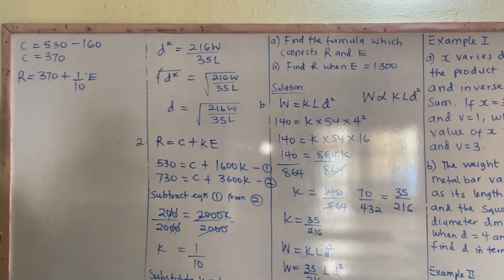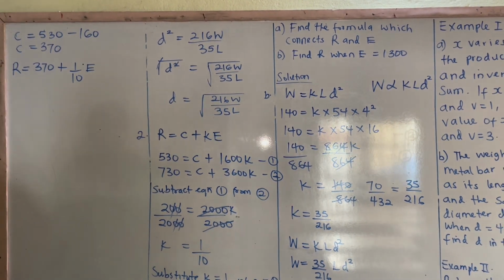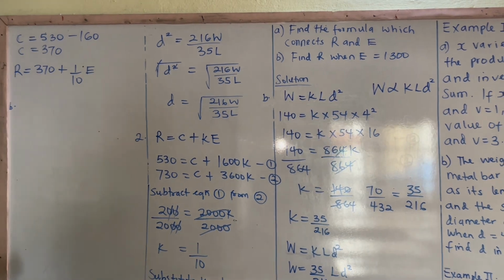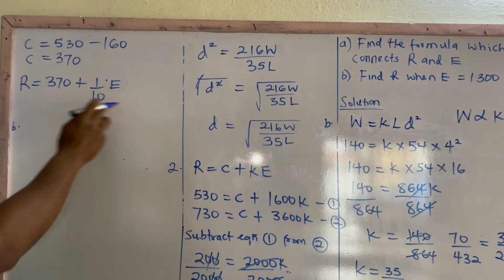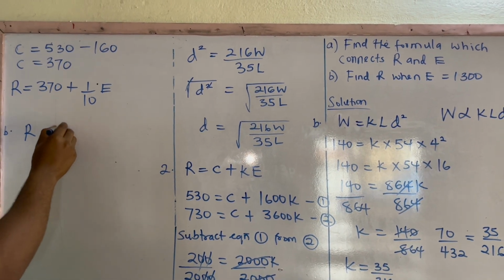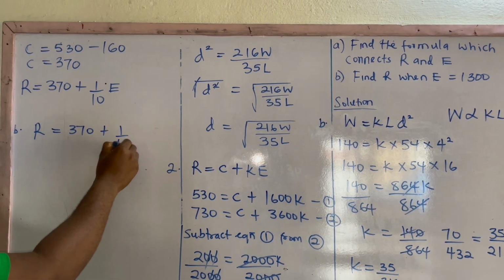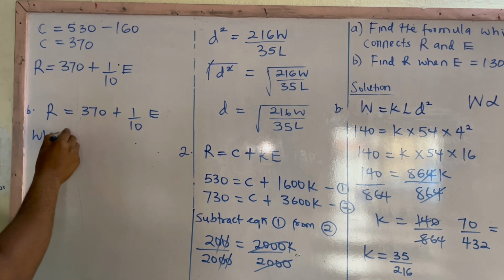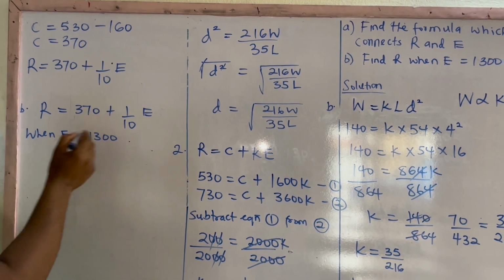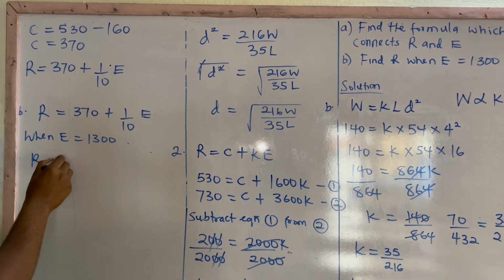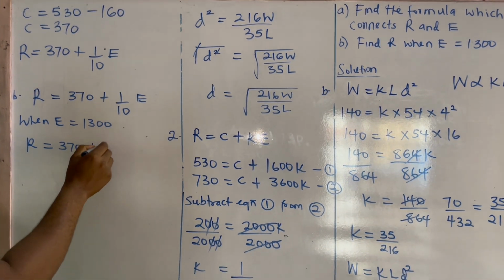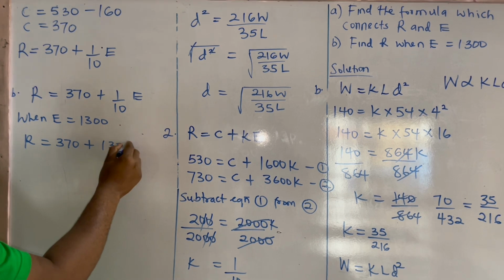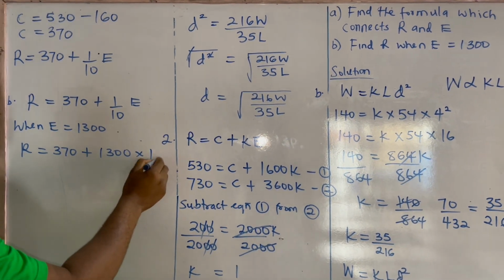Alright, the next part of the question says find R when E is equals to 1,300. So from our formula, we have that R is equals to 370 plus 1 over 10 E. Now when E is equals to 1,300, R is equals to 370 plus 1,300, which is for E, times 1 over 10.